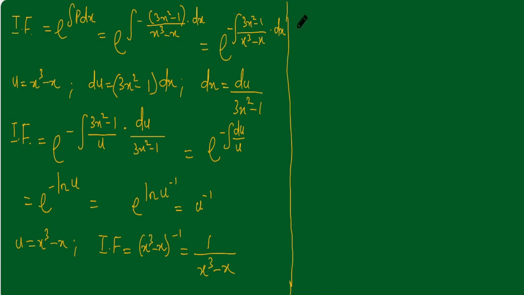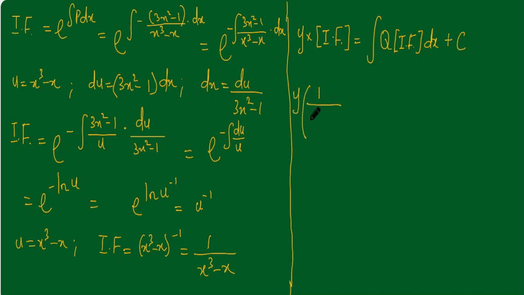Now to write our solution. Our solution is of the form y multiplied by the integrating factor is equal to the integral of q multiplied by the integrating factor with respect to x plus our arbitrary constant. So we have y multiplied by 1 divided by (x cubed minus x) is equal to the integral of (x squared minus 1) divided by (x cubed minus x) with respect to x plus c, our arbitrary constant.